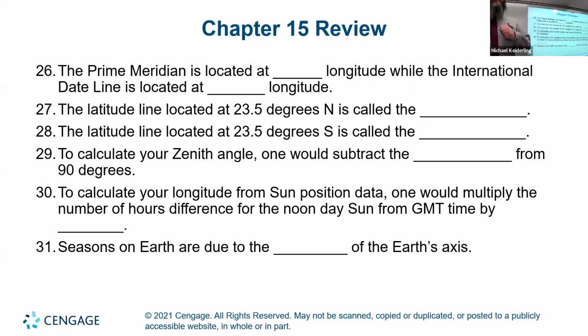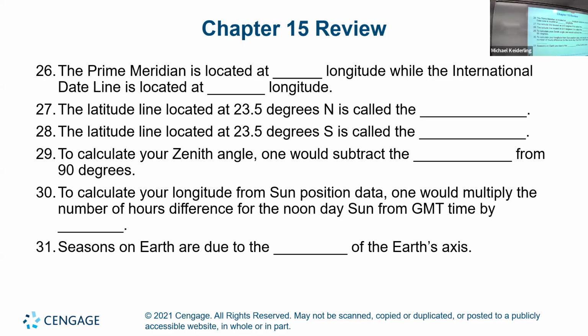The prime meridian is located at 0 degrees longitude, while the international date line is located at 180 degrees longitude. The latitude line located at 23.5 degrees north is called the Tropic of Cancer. The latitude line located at 23.5 degrees south is called the Tropic of Capricorn.